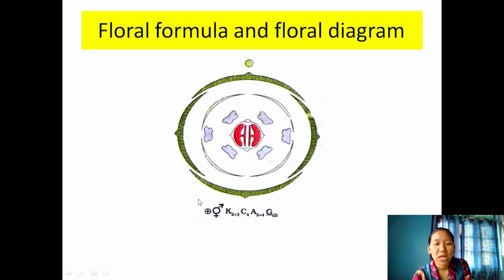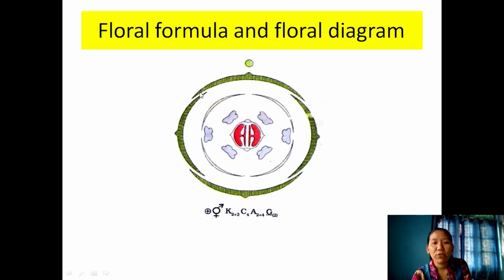So this is how these semi-technical terms are used for describing a particular flowering plant. This is called the floral formula, and this is a floral diagram. While drawing a floral diagram, you put a dot to represent its axis, and then we go from the outermost whorl towards the innermost: calyx, corolla, androecium, and gynoecium.